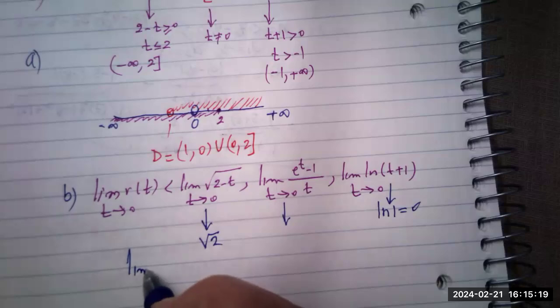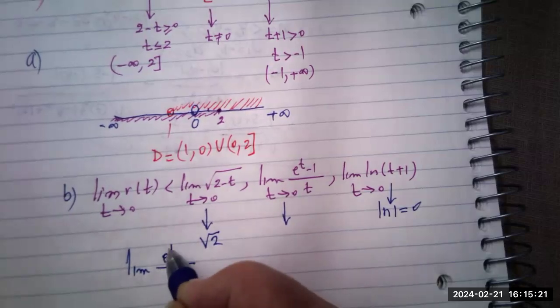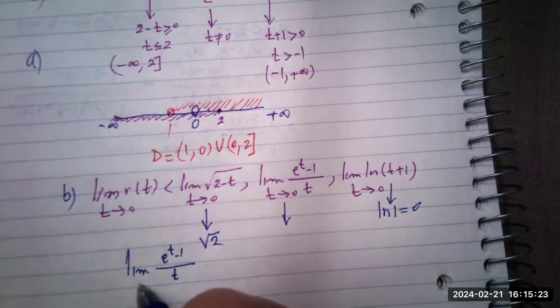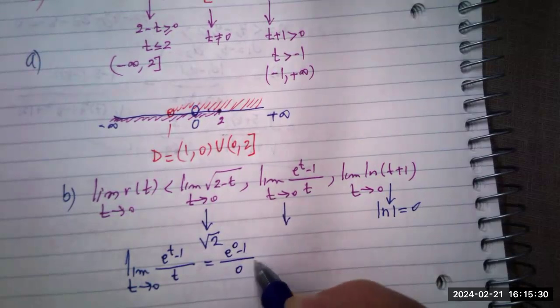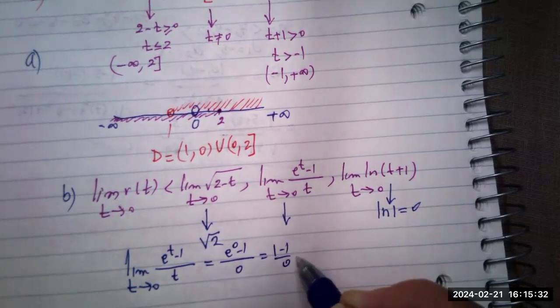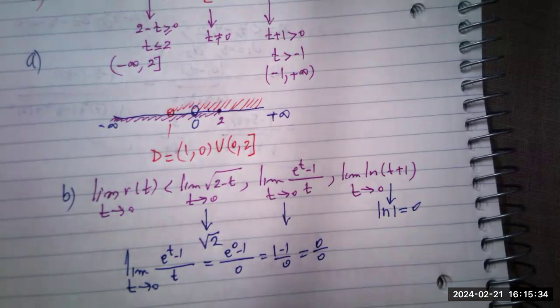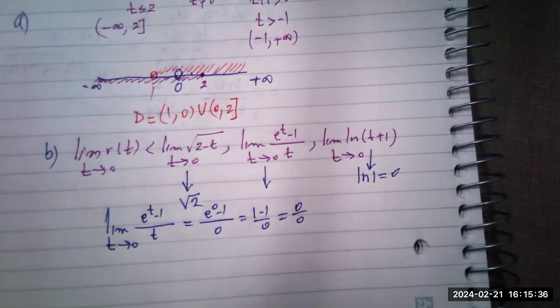So I take care of this, limit of e to the t minus 1 over t, t goes to 0. That would be e to the 0 minus 1 over 0, which is 1 minus 1, 0 over 0. So we have to use the L'Hopital rule. You remember, the limit of the derivative of the top and the bottom.